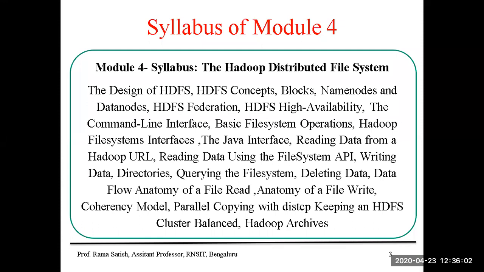Of course, finally, we discuss the coherency model, parallel copying using distcp, keeping the HDFS cluster balanced. So how HDFS keeps the clusters balanced. And finally, we discuss archives, Hadoop archives. This is what we have in module 4. Module 4 completely talks about HDFS in detail.